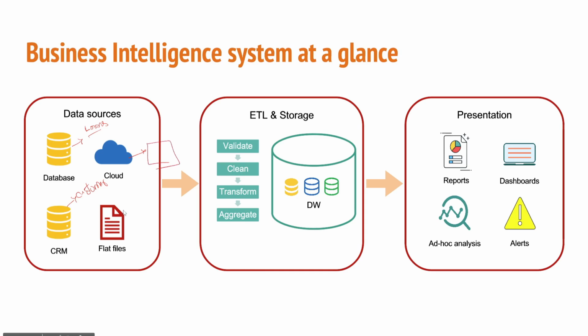Consider we have another flat file, which is published by a subsidiary of the bank at the end of the day. Instead of publishing the individual tables, they are consolidating that information and putting it in the form of a single file. So these are the various different data sources it contains.